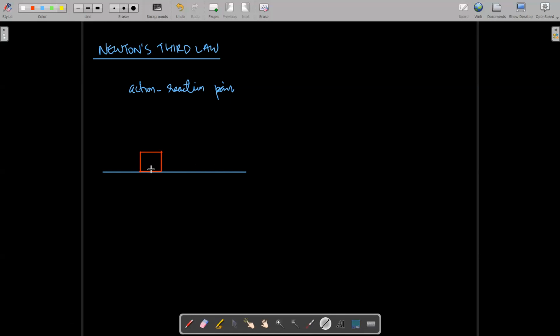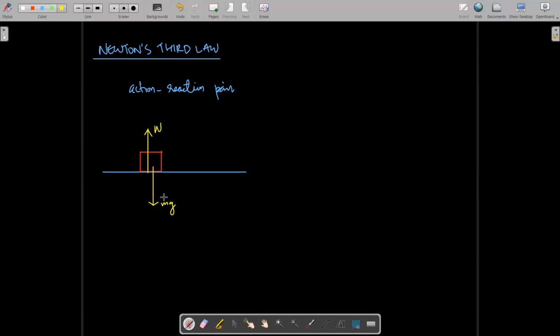If we are to mark the forces, there will be mg acting downwards and there will be N acting upwards, right? mg downwards and N upwards.